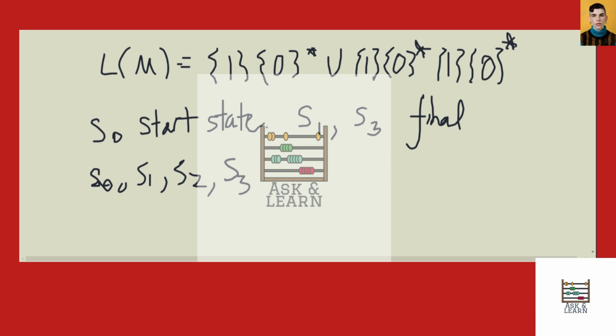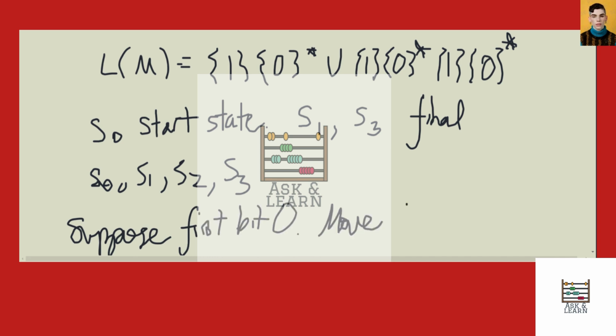Now, as in the non-deterministic version, suppose that our string starts with a 1, or suppose that it starts with a 0. Let's do that first. And we're going to move from S0 to the non-final state S2, since 0 should not be recognized.